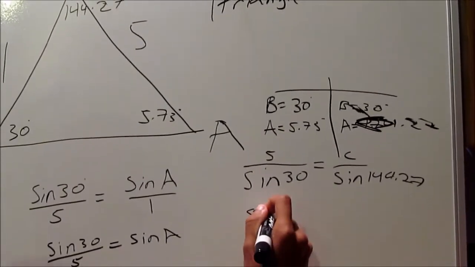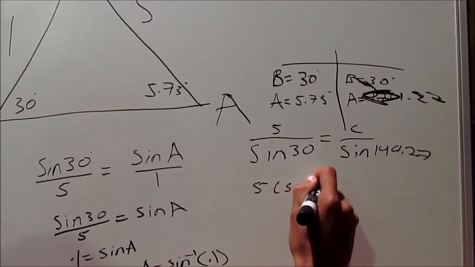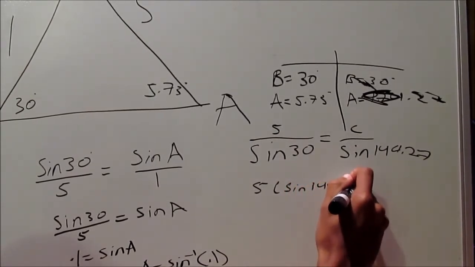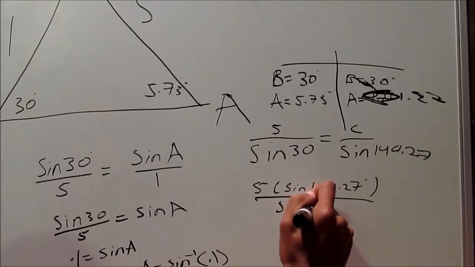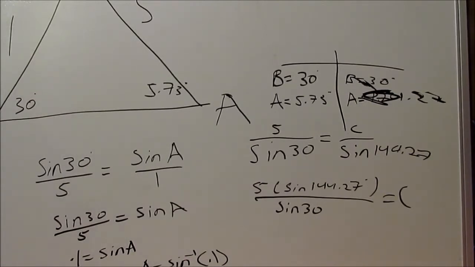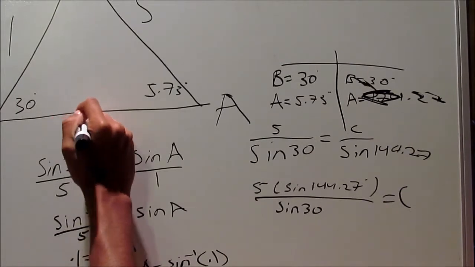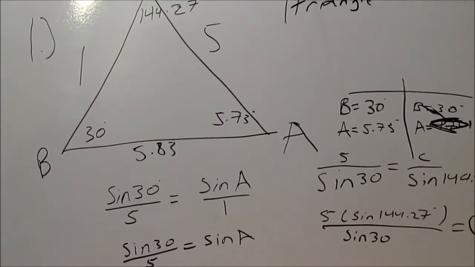So 5 times sine of 144.27 degrees over sine of 30 equals C. So if you solve this out, then you get C, which equals 5.83 units. And that is your answer for number one.